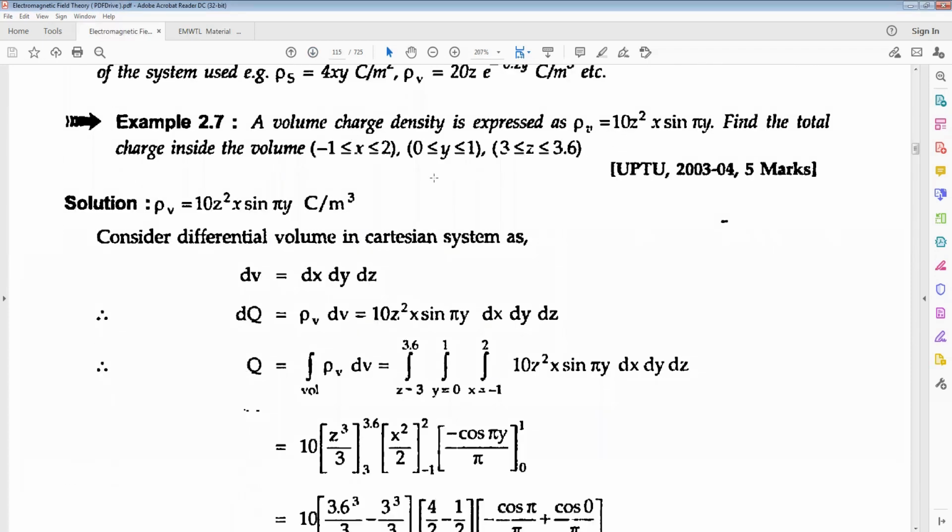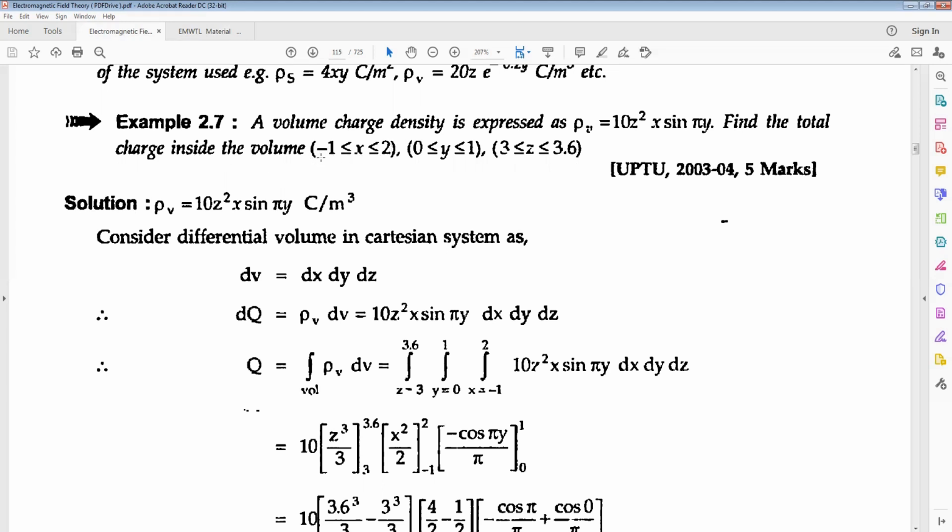Here, a volume charge density is given. The previous example gave the line charge density. Now it is given as rho v equal to 10z square x sine pi y. Find the total charge inside the volume.